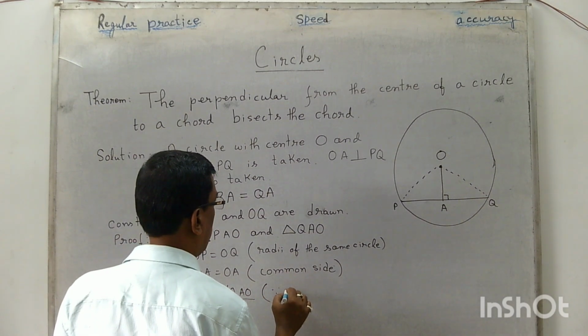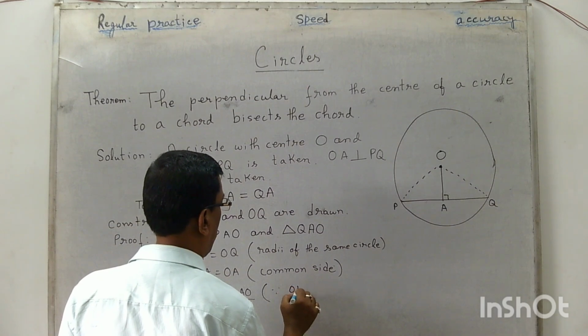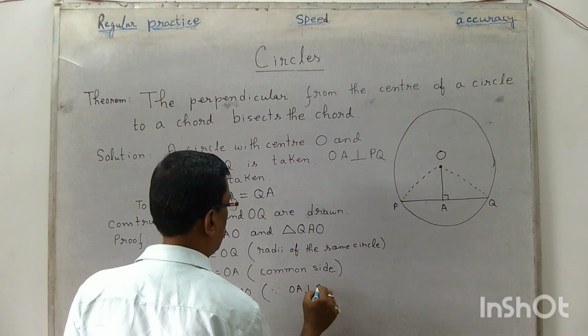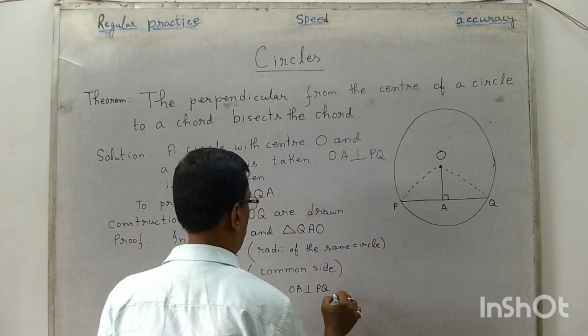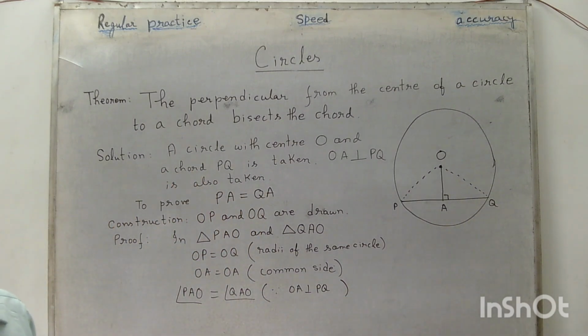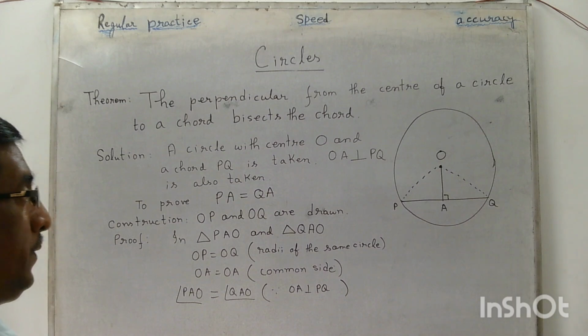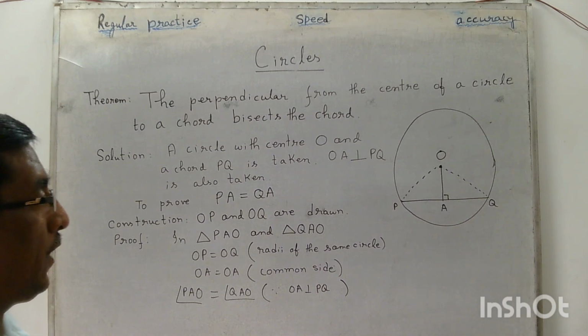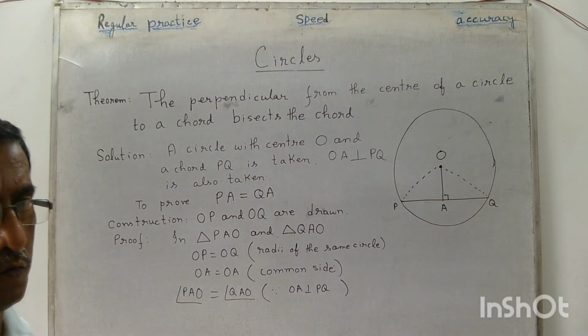Since OA perpendicular PQ, what does it mean? It means that angle PAO is 90 degree and also QAO is also 90 degree.